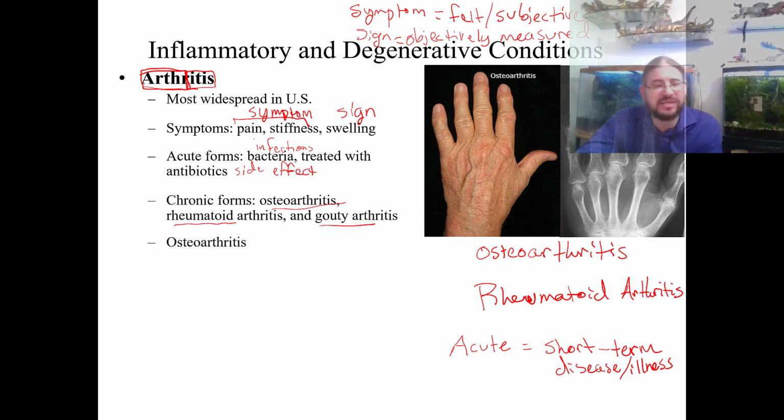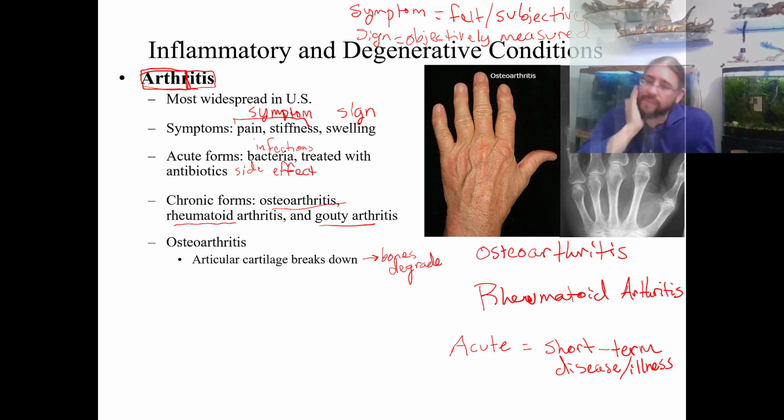For instance, with osteoarthritis, the articular cartilage begins to break down, which puts you bone on bone, and that will lead to bone degradation. The bones degrade in the joint. And as the bones degrade, that causes further friction, further grinding of the bones, leading to reduced mobility.